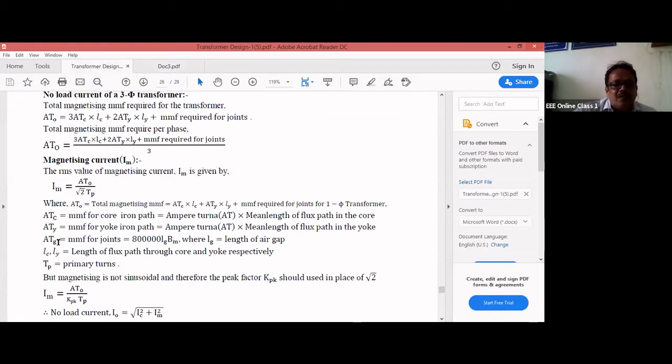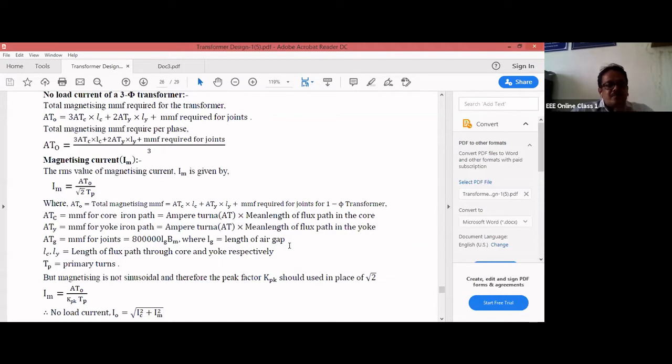Once again we have a formula here, ATj. The MMF required for joints, ATj, is given by 800,000 times Lg into Bm, where Bm is the maximum flux density and Lg is the length of the air gap. The length of the air gap will also be given in the problem.